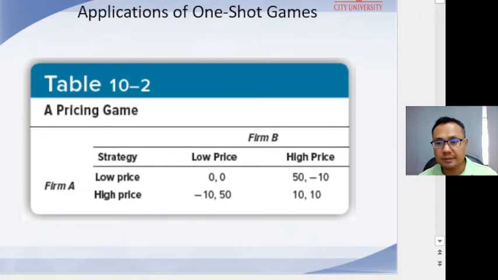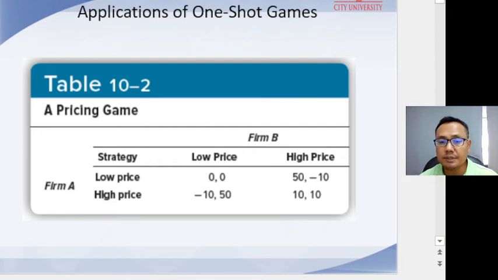On the other hand, if one firm charges a high price and the other firm undercuts the price, the lower price firm will gain all the other firm's customers, and thus earn higher profit at the expense of the competitor.